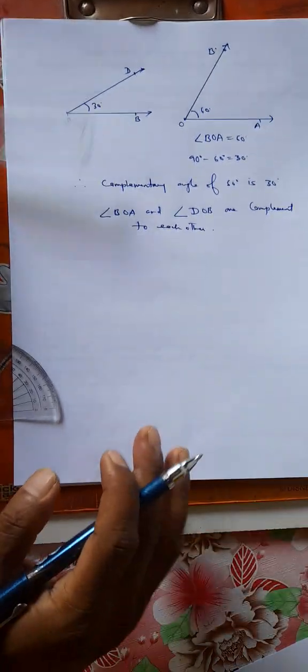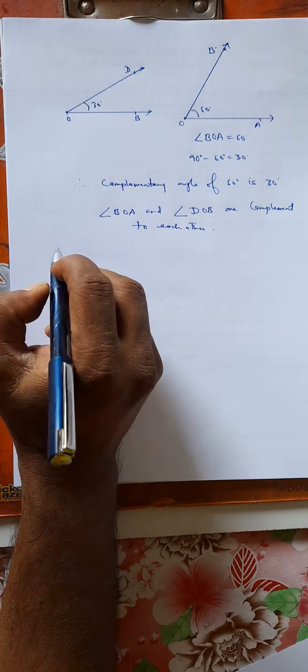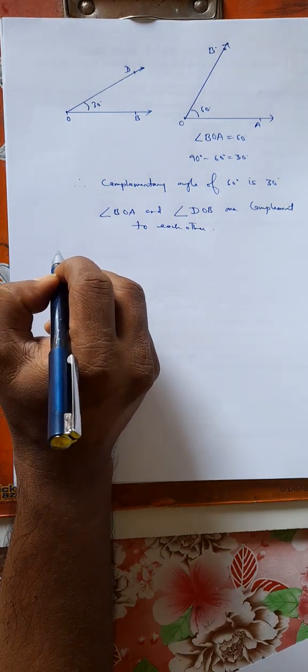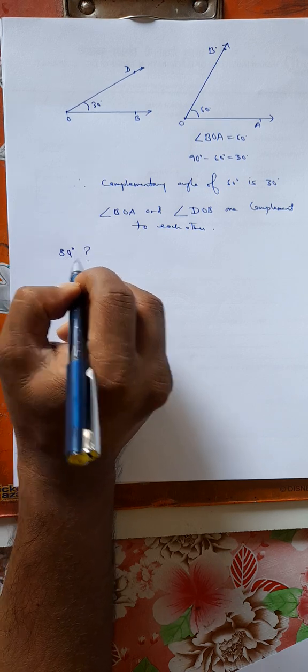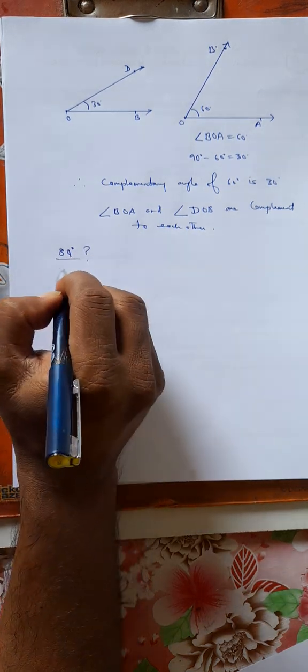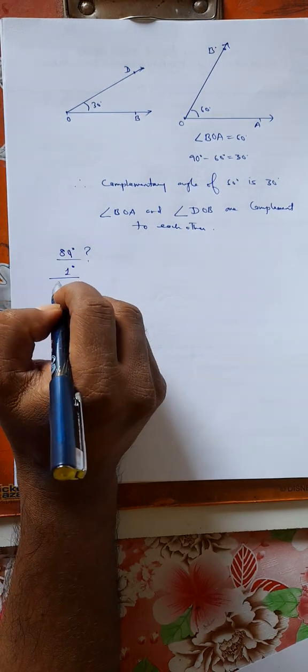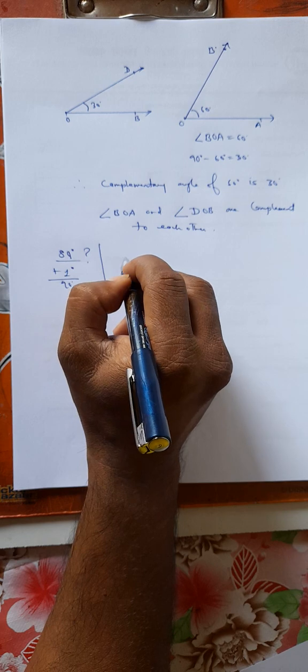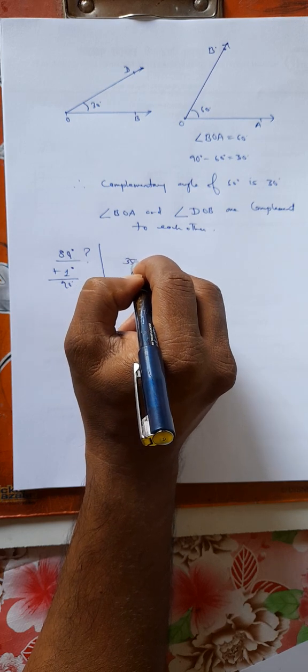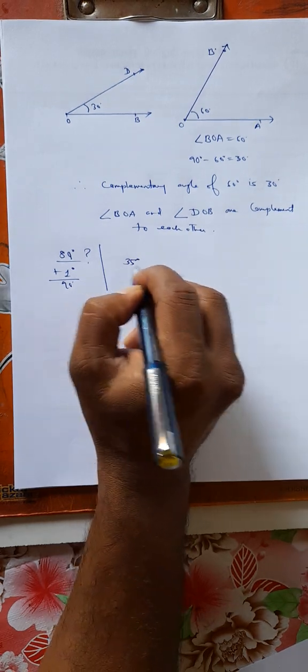Right? So what is the complementary angle of, say, 89-degree? 1 degree. Therefore 89 plus 1 is 90-degree, right? Similarly, complementary angle of, say, 35-degree.